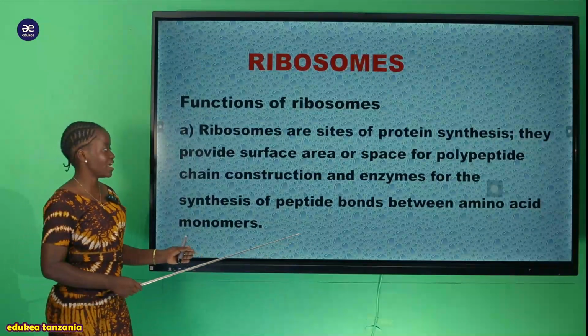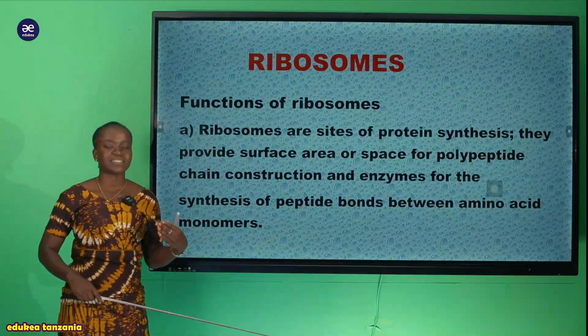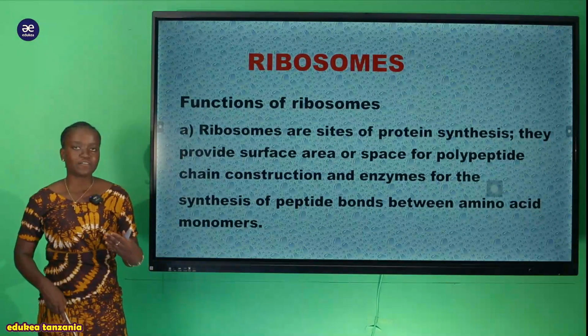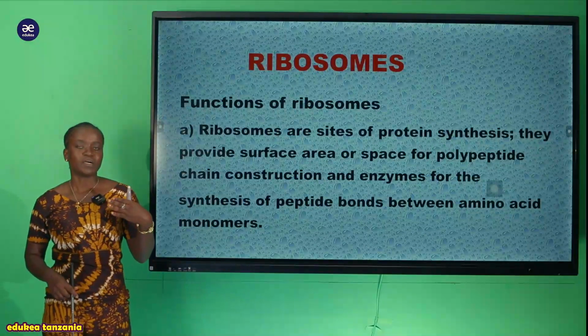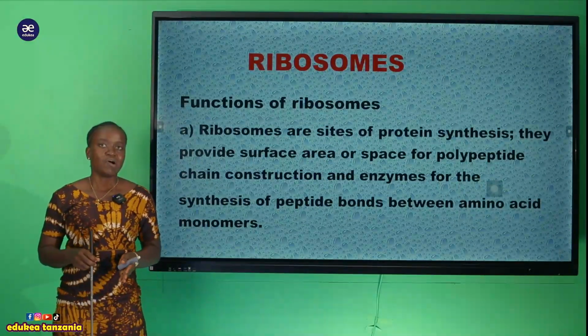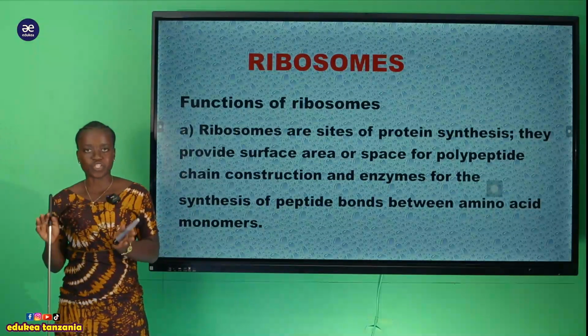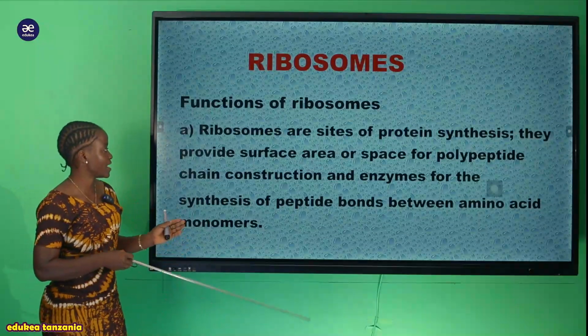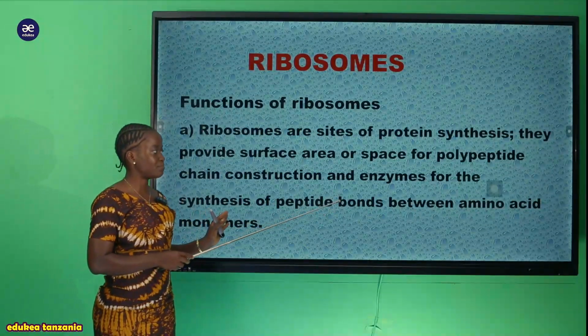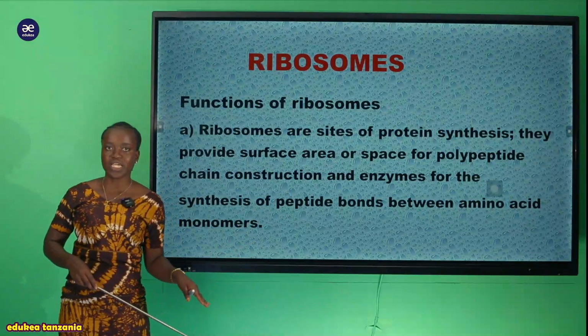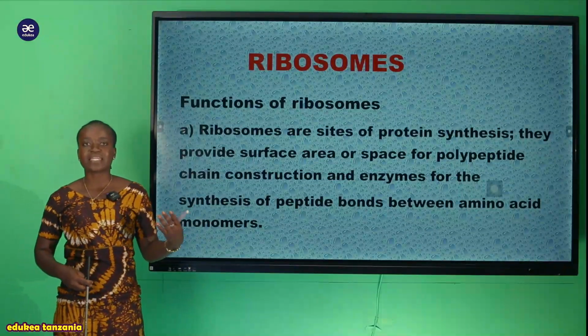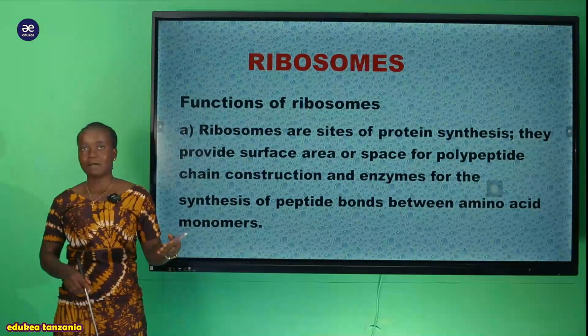Remember, they are just a reactant in order for the formation of the protein. So the presence of the polypeptide bonds and the amino acids between them is what later makes the protein.